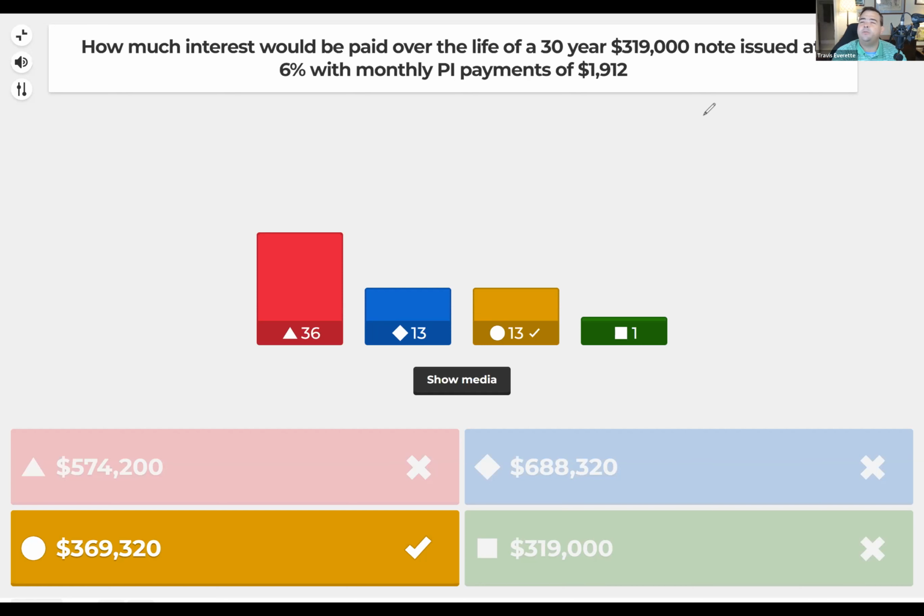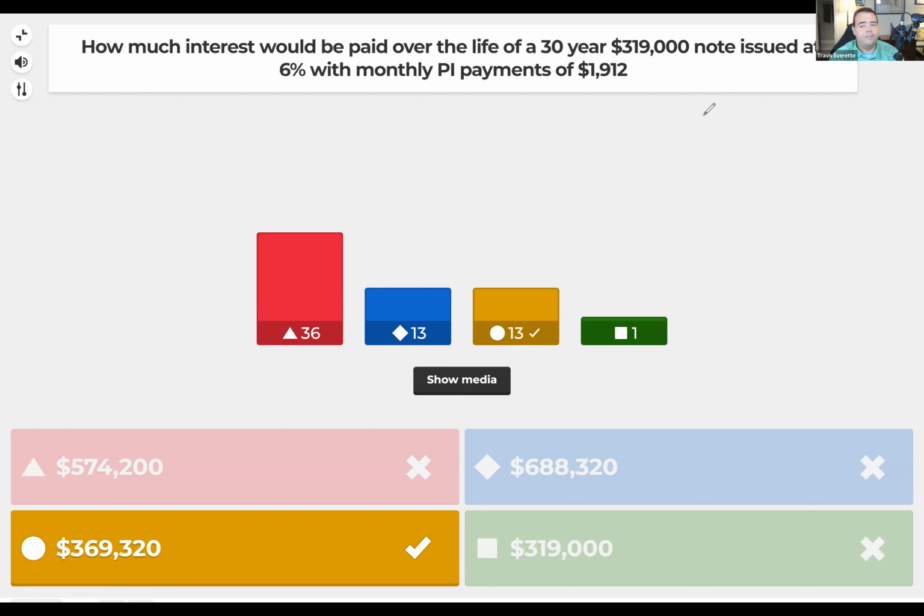So Joseph said 1912 is too big of a number for PMI. Well, it's not PMI. It's PI. Principal and interest, not PMI. That's mortgage insurance. So if you mistook PI for PMI, I can see how you definitely go down the wrong path.